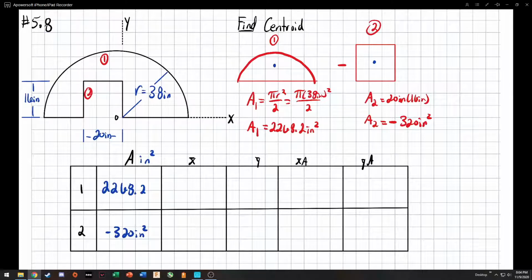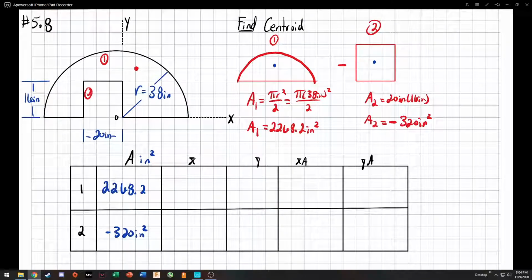Our global centroid for this problem is probably going to be somewhere about right here on the main picture. Because we're subtracting this rectangle out, the larger portion of the semicircle is going to be to the right, so that's more likely where our center is going to be.